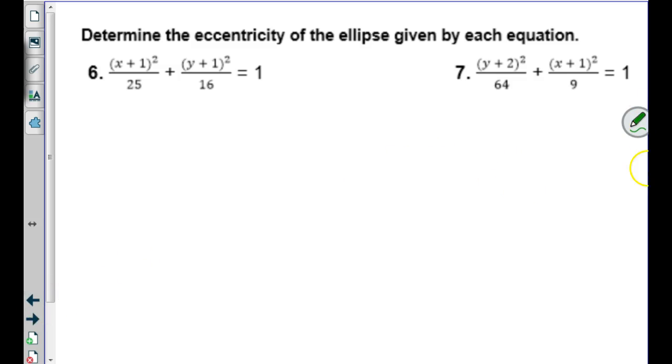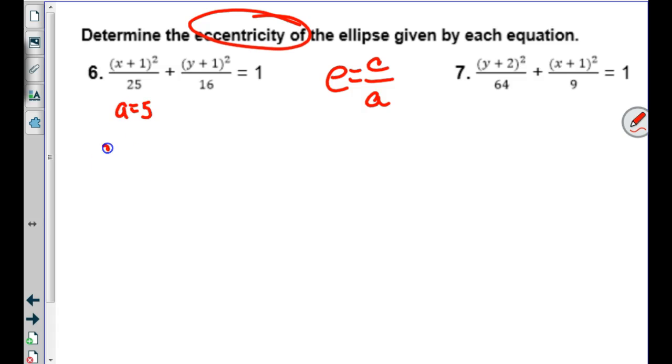Okay, so practice finding eccentricity. E equals C over A, and it has to be a number between 0 and 1. Okay, A is 5.